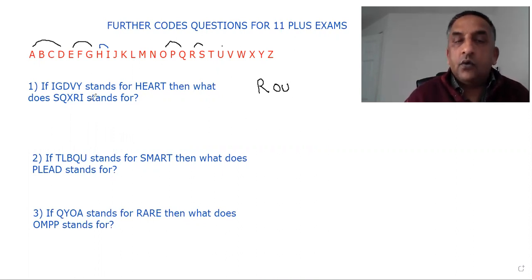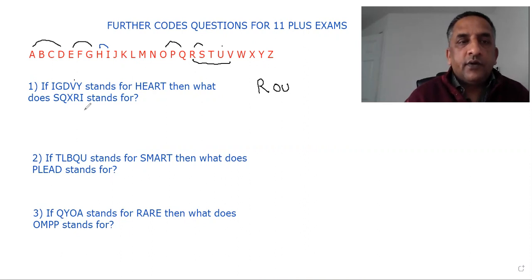Now we have to find the code for R. We see how they went from V to R in the question. V is here, as you can see, and R is just here. So from V to R is one, two, three, four spaces behind.